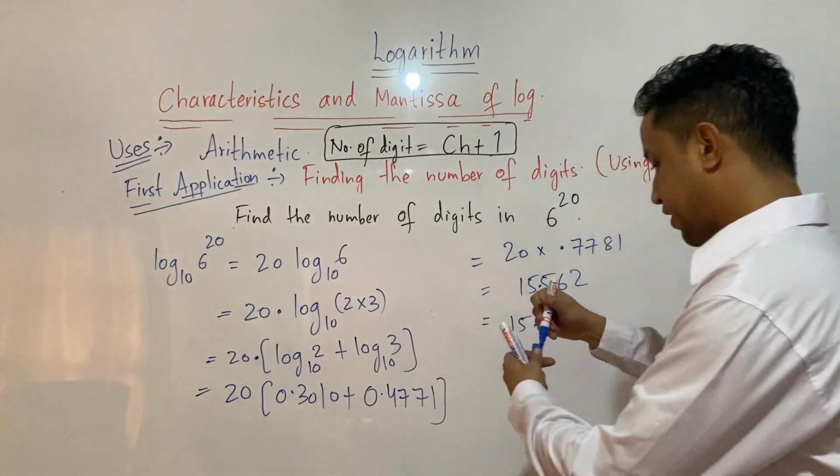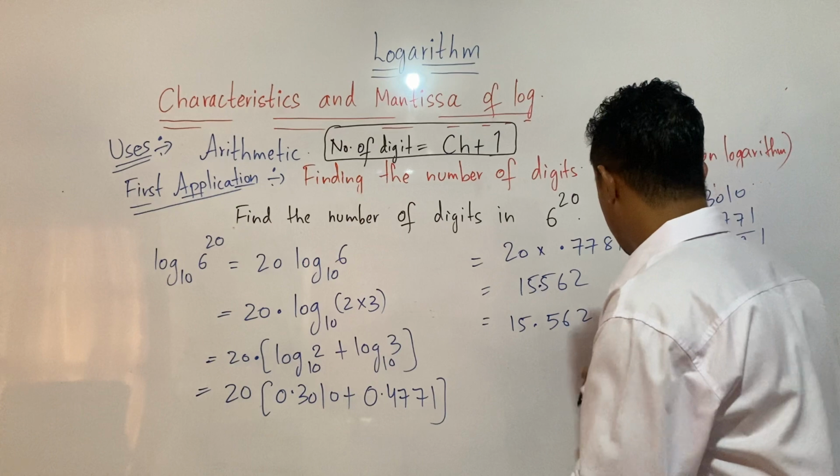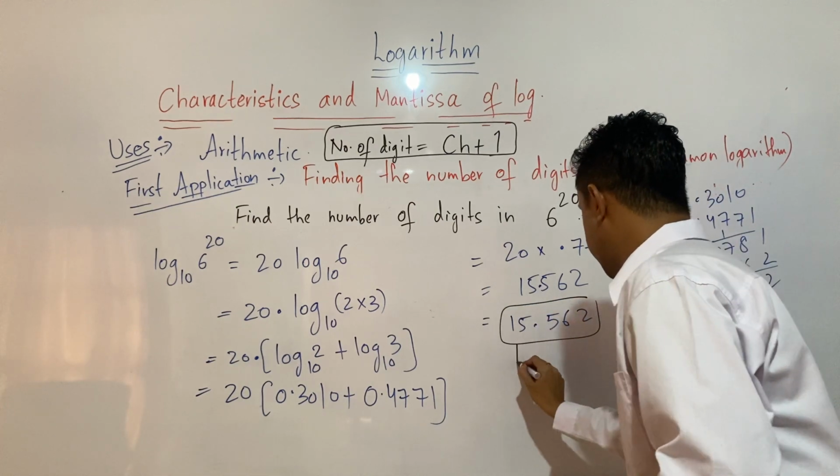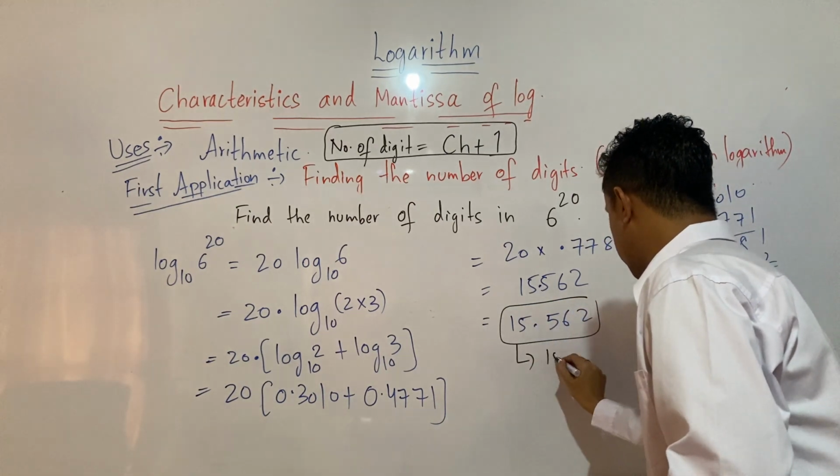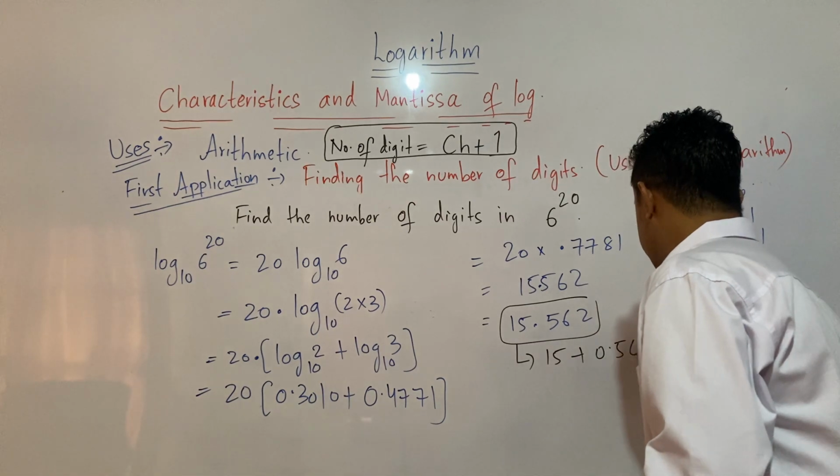Now, if you break this value into integer and fraction, it's going to be 15 plus 0.562.